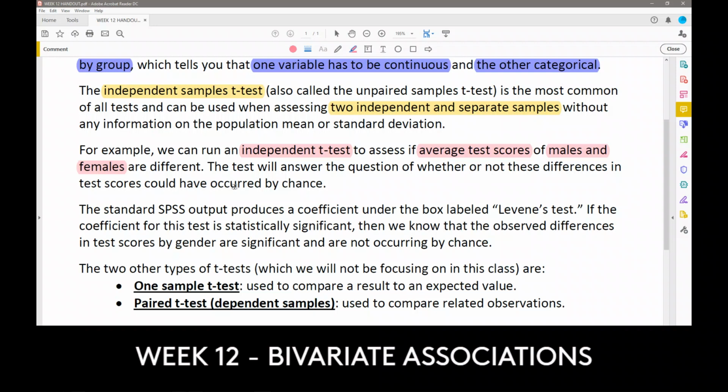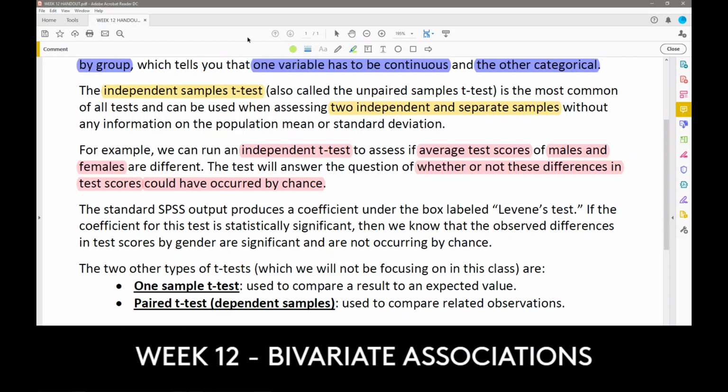When we run the test and it produces results, this is going to indicate whether or not the differences that we see in the average test score by group is occurring by chance, or if it's a legitimate, statistically significant difference.